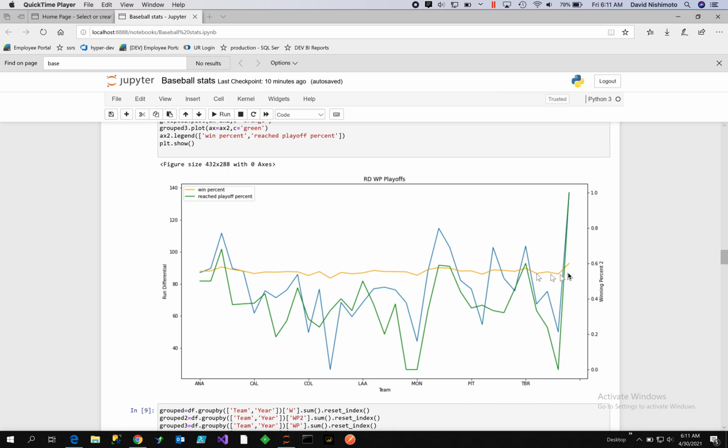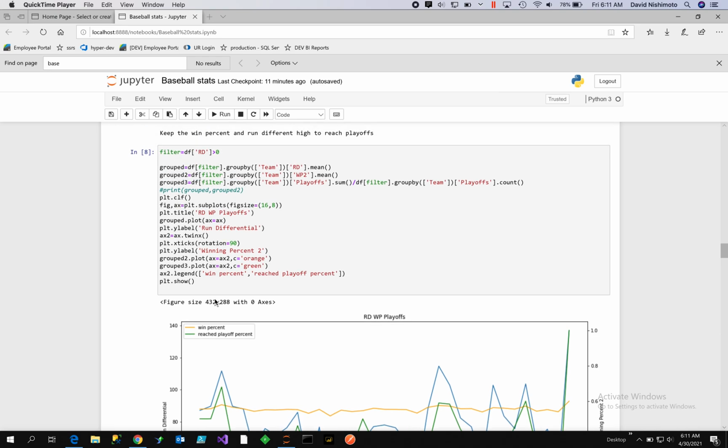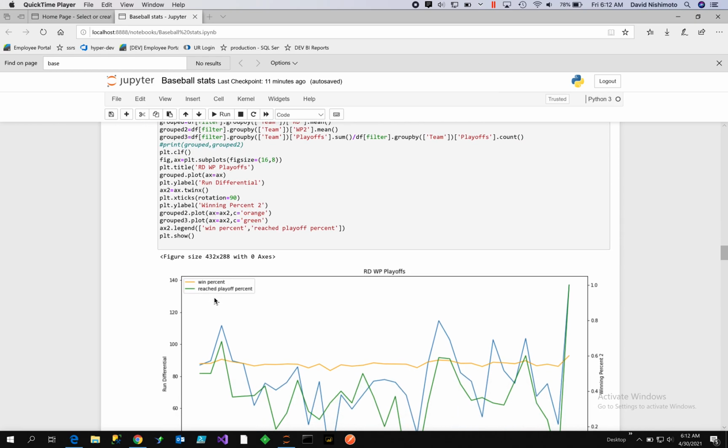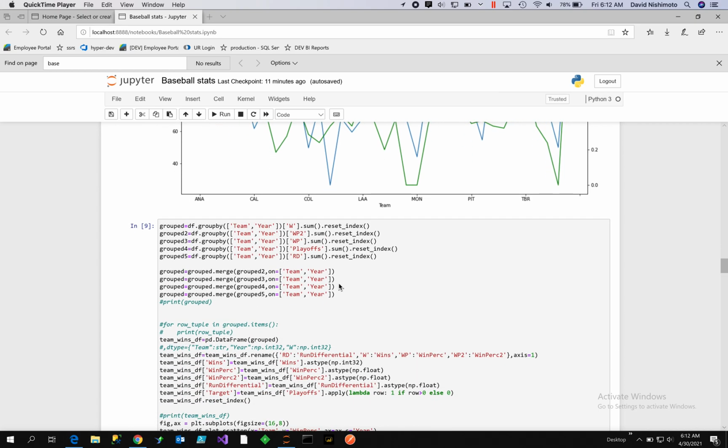The win percent, you notice that I put that on its own axis, and that's because it has a different scaling ratio. So we'll just put it on a different axis, and then when we plot it out, let's see, the run differential and the win percent to the playoffs, it verifies the correlations that we were looking at.